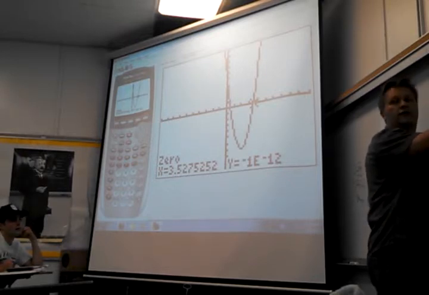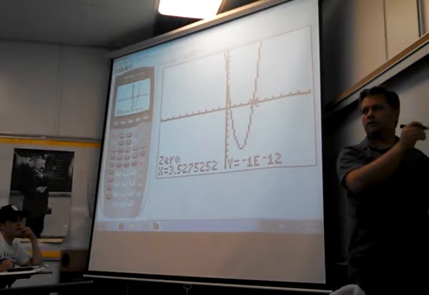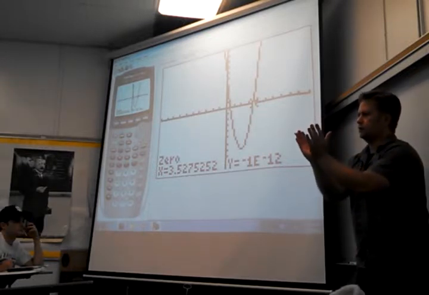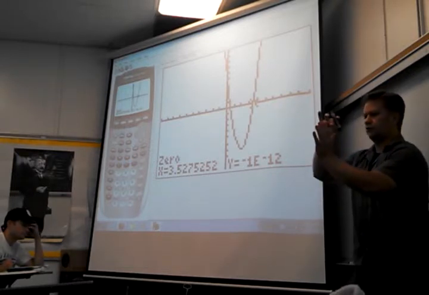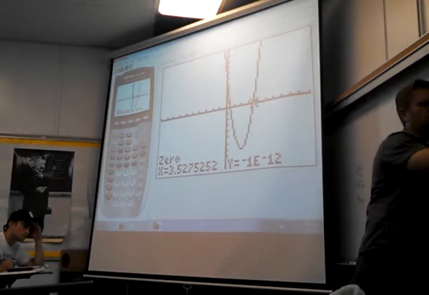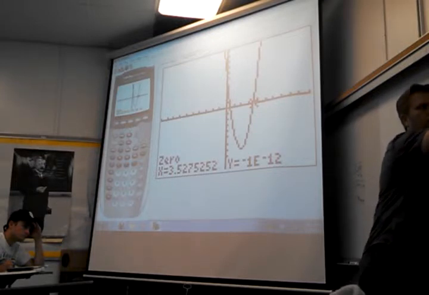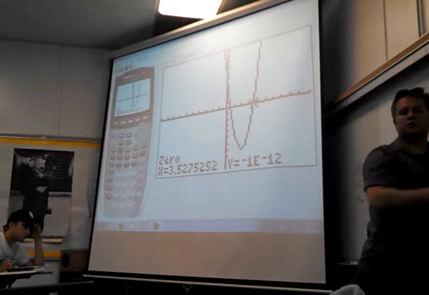So how far away does the other one have to be on the other side? Mirror image, right? Why? Because parabolas are symmetric. Come on, guys, stay with me. Parabolas are symmetric. So if I know something about that side, the same thing is true about the other side. So if I know there's a vertex here and an x-intercept there, there's got to be an x-intercept there.